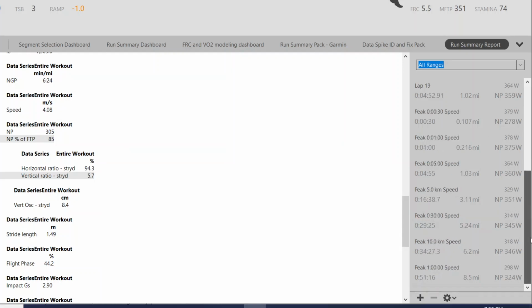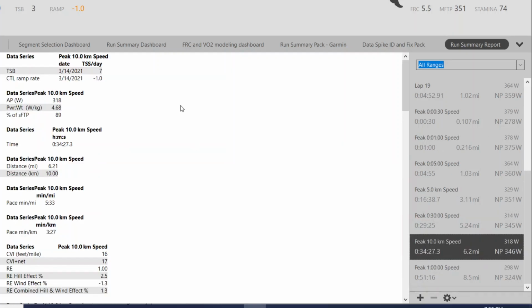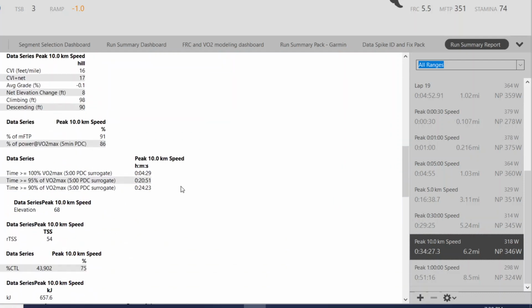So let's go back down and select peak 10K speed. So the fastest 10K segment, which includes those 6 mile repeats, basically. And you can see that his average power, including the rest periods for that fastest 10K segment, that's his interval session, basically, was 318 watts and 89% of the set FTP.